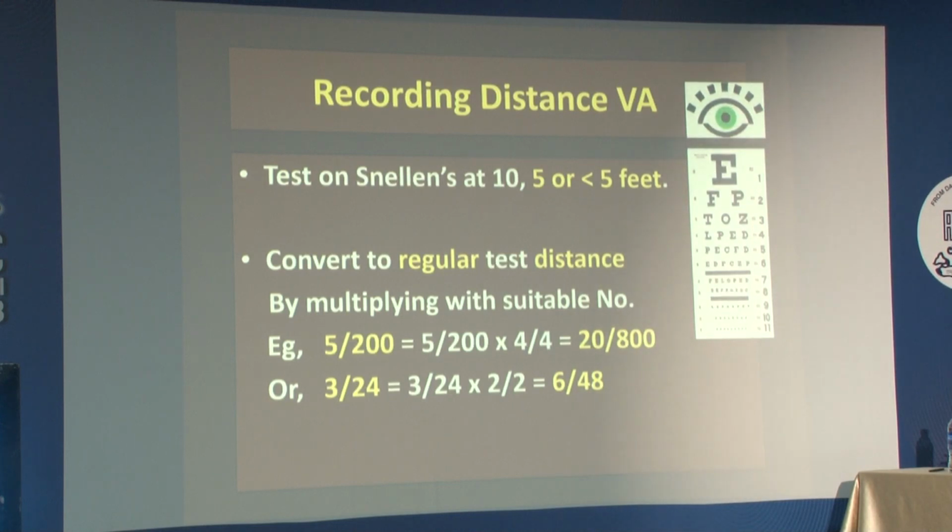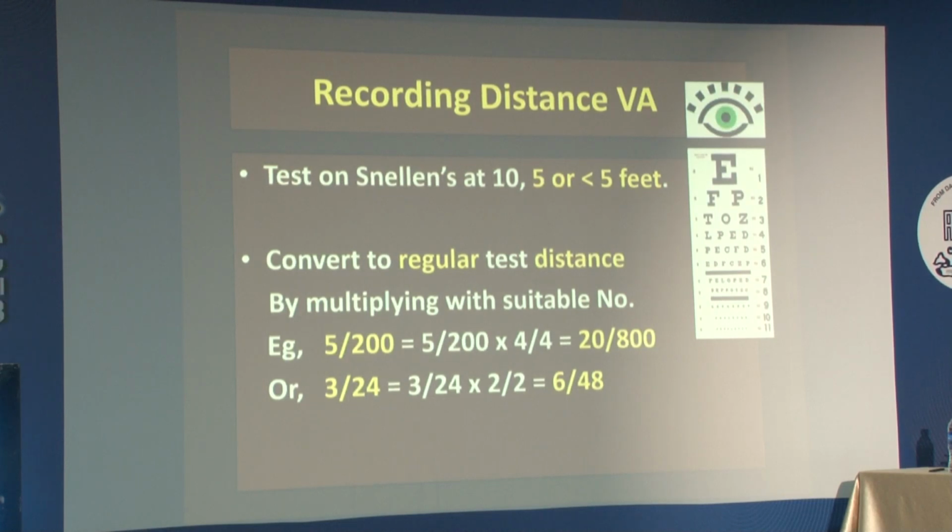So with a conventional Snellen's chart, how do you record the distant visual acuity? You make the patient sit at a comfortable distance from where he can read, which may be 10 feet, which may be 5 feet, or which may be 3 feet. So supposing he's sitting at 5 feet and you test him and he reads only the top line of the chart.